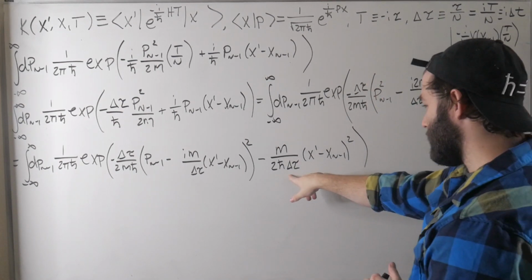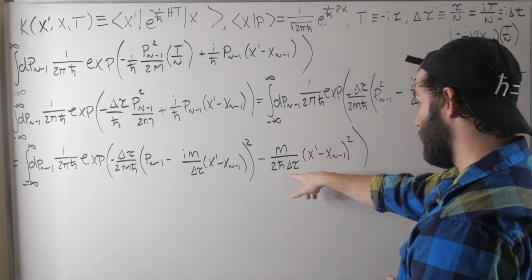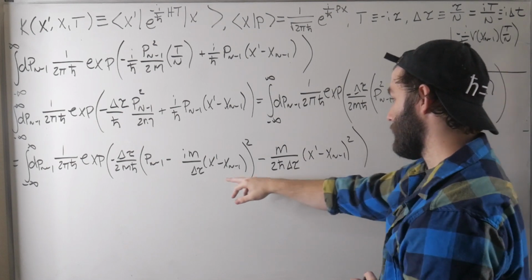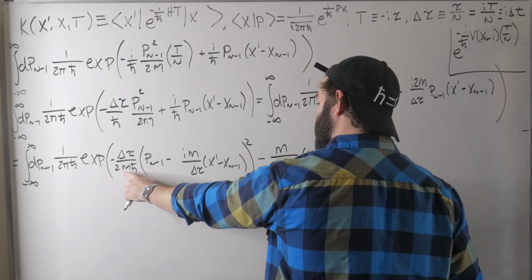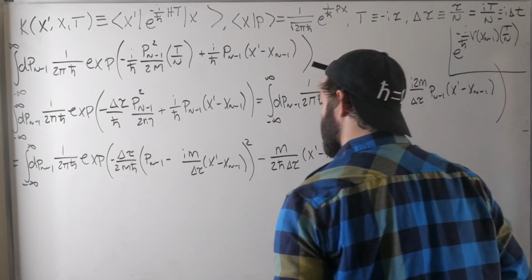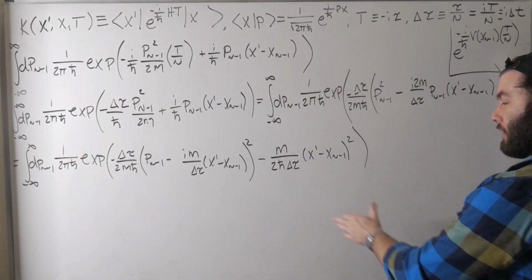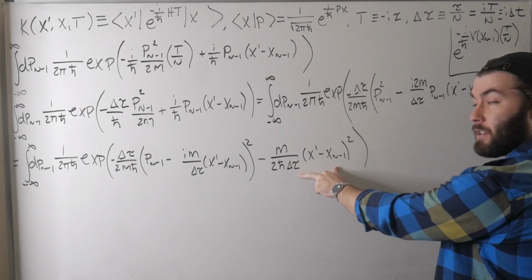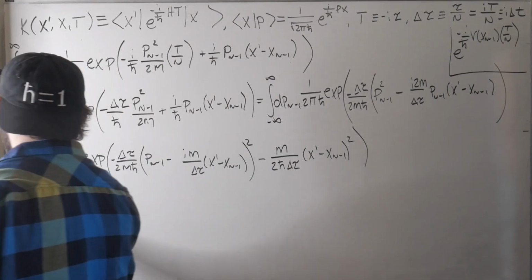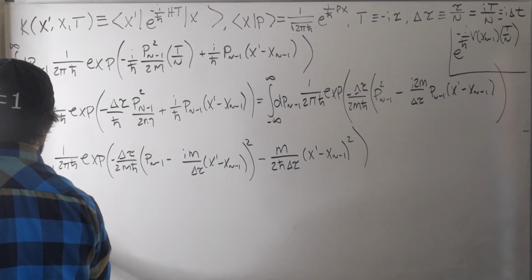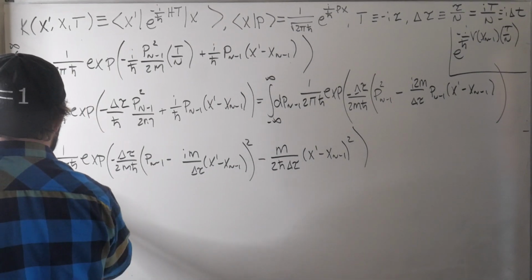Okay, let me just double check. I don't want to make mistakes here. So that's going to be fine. We have a delta tau that survives. We have an m that's squared, cancels one factor, a 2 h bar. That looks good to me. Okay, well this term doesn't depend on p sub n minus 1 at all, so we can pull it out of the integral. So this is equal to the integral from minus infinity to infinity.